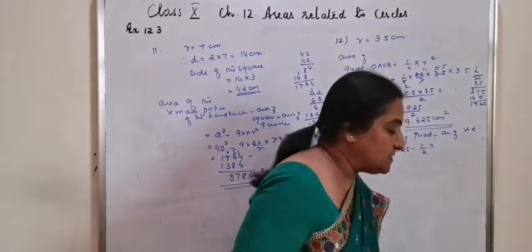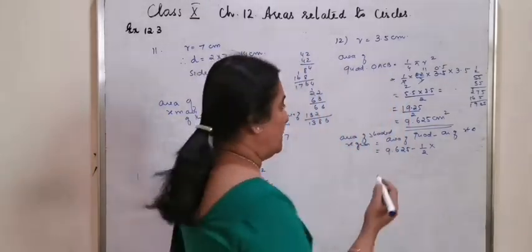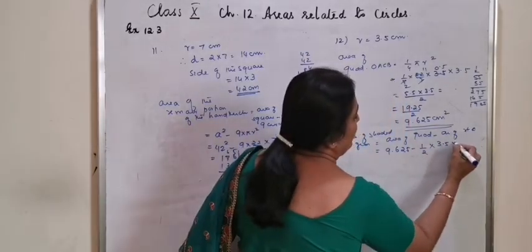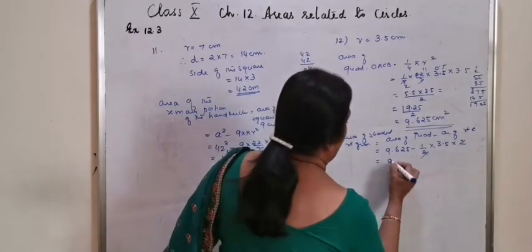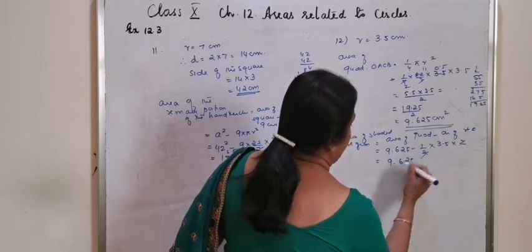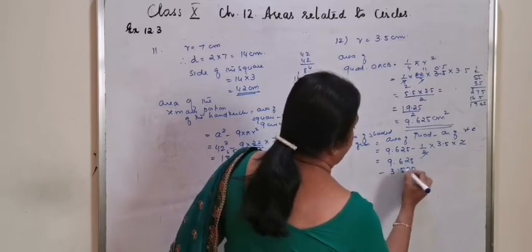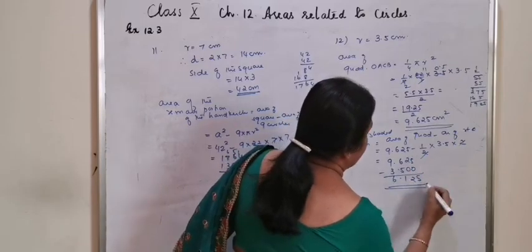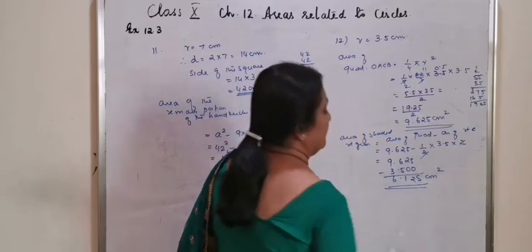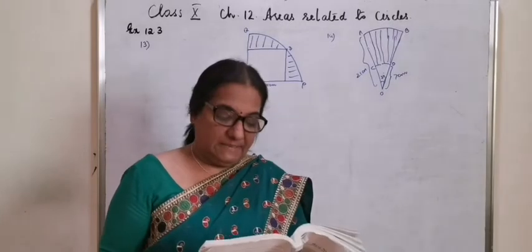That means one of the side is OB and the other side is OD. Half into 3.5 into 2. OD length is given as 2 centimeter, or 9.625 minus 3.5, or it is 6.125 centimeter square.